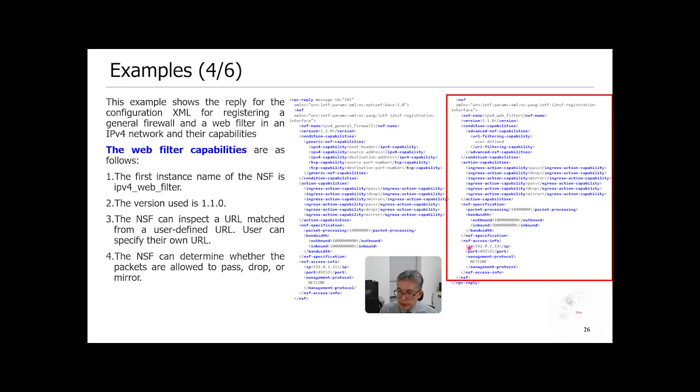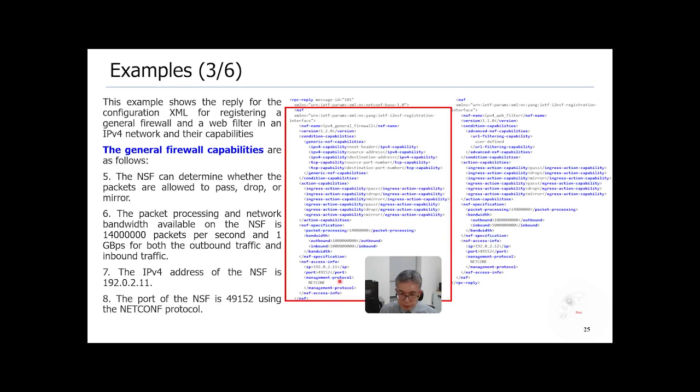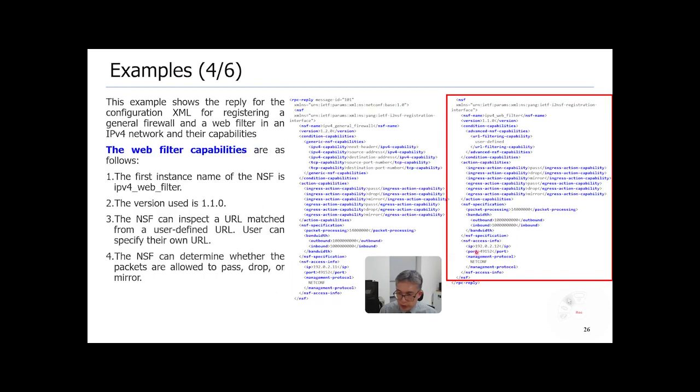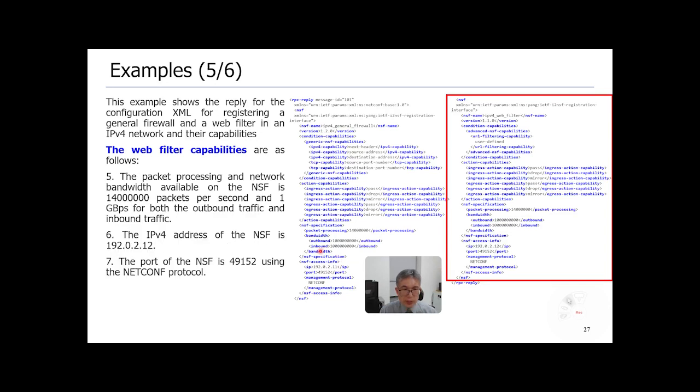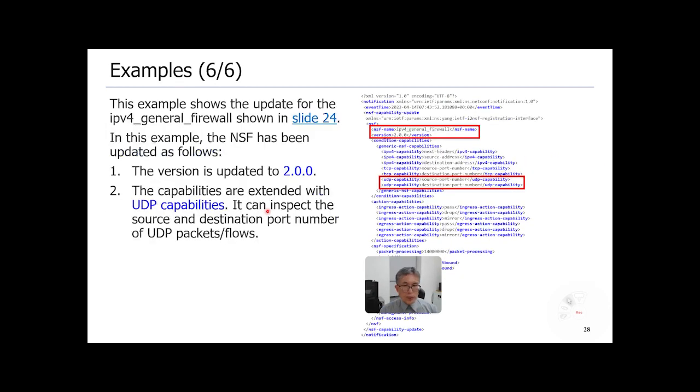And then NSF access information is specified. You can see the IP address is 192.0.2.11, and this is a different IP address, 192.0.2.12. The port number is the same for NETCONF.